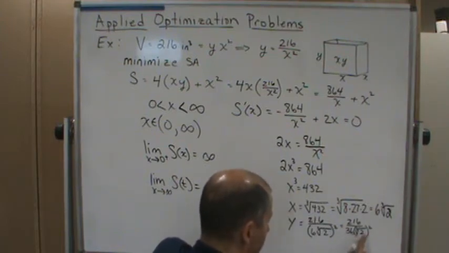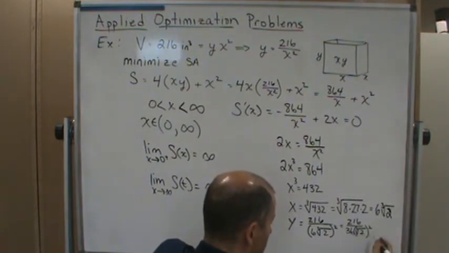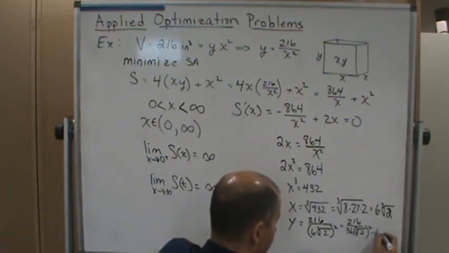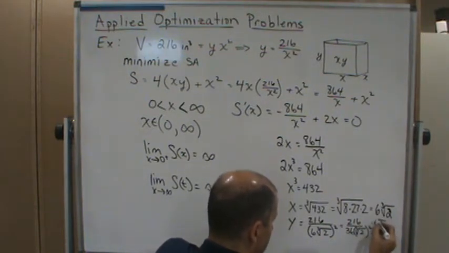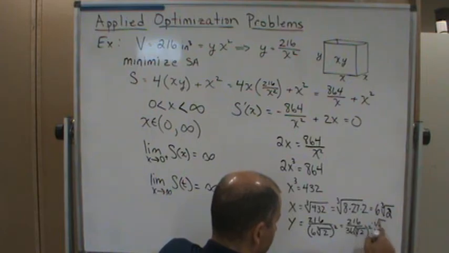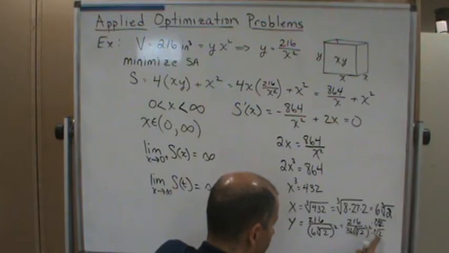So now here's where I need a cube to undo this because I don't want any roots in the denominator. So I'm going to multiply the top and the bottom by the cube root of 2. The only reason I'm doing that is I'm rationalizing the bottom. So all I need is one more cube root of 2 to get the cube root of 2 to the third power to undo it.